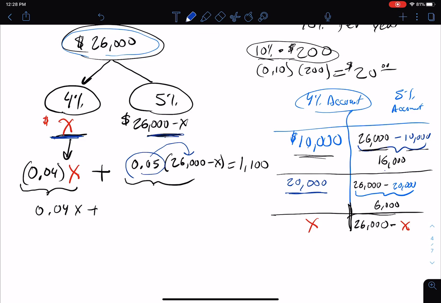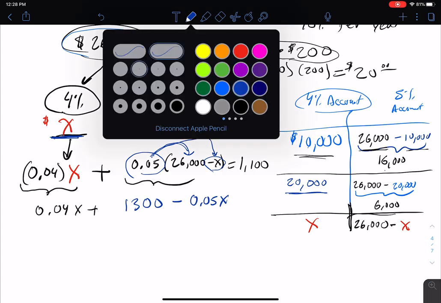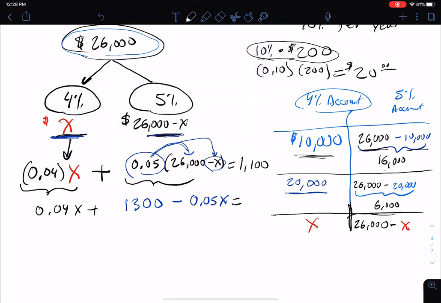Okay, so we distribute the first term and we get 1,300, and then we distribute to that last term. Don't forget the negative. So this is going to give us a negative 0.05x. Now that's going to equal, as the problem said, 1,100.